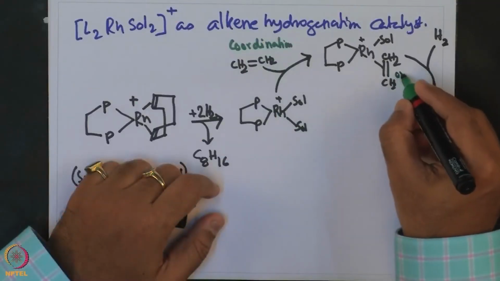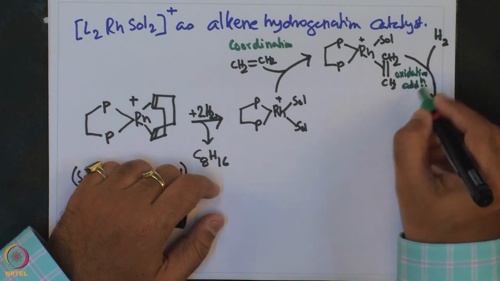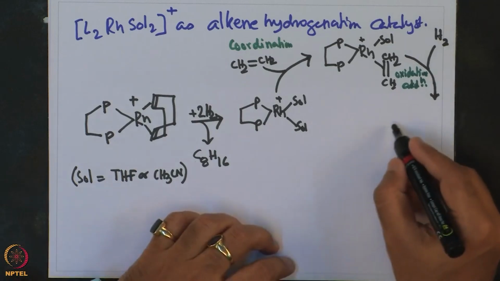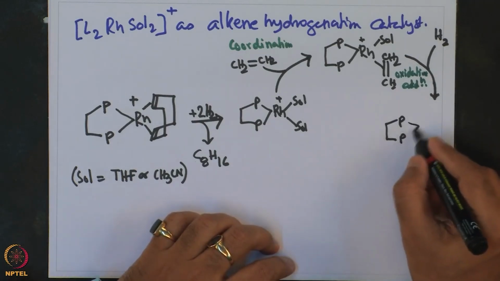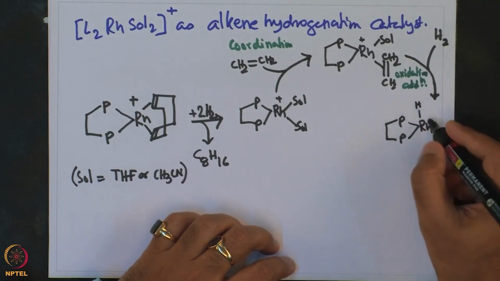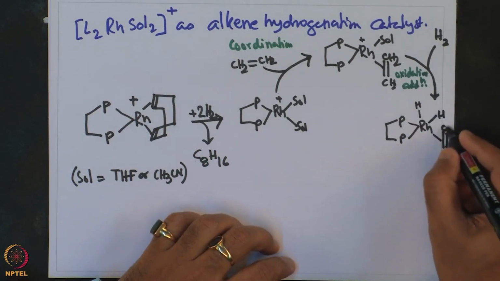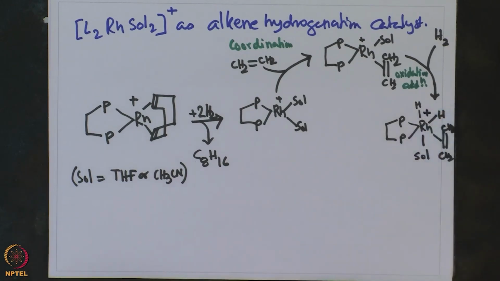This is the oxidative addition step, to give this compound: chelating phosphine rhodium hydride, with CH2=CH2 and solvent, and there is a cationic charge.